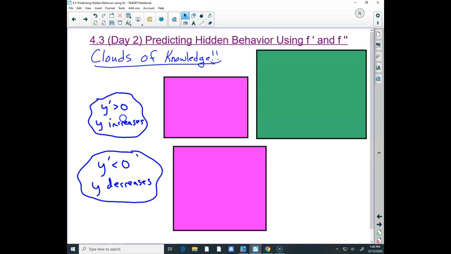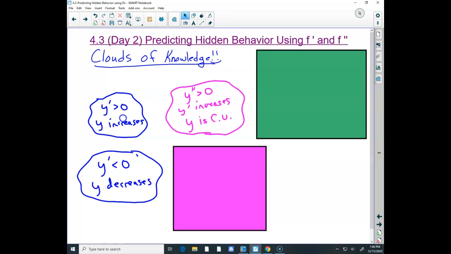The next thing we're going to look at is what happens if y double prime is greater than 0. That means the function just before it, y prime, must be increasing, and we also know that if y double prime is greater than 0, we know y is concave up. Those are just some connections that we need.